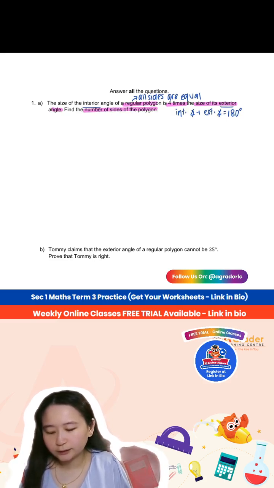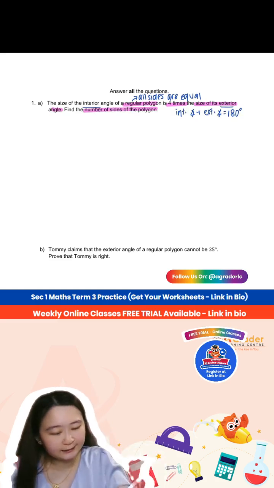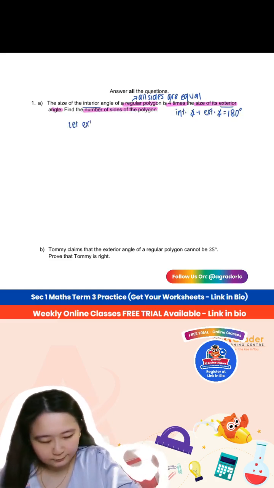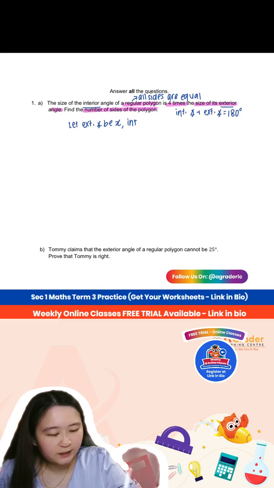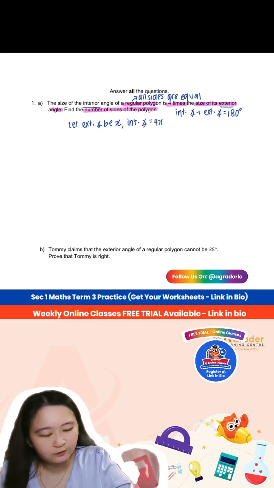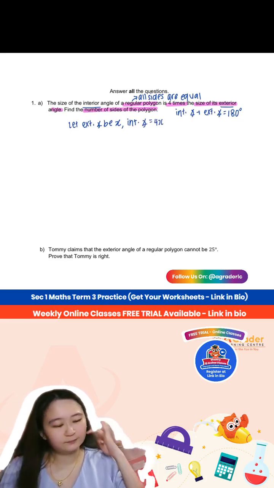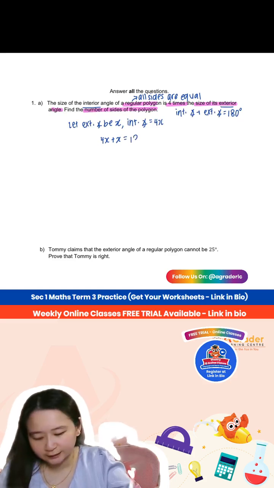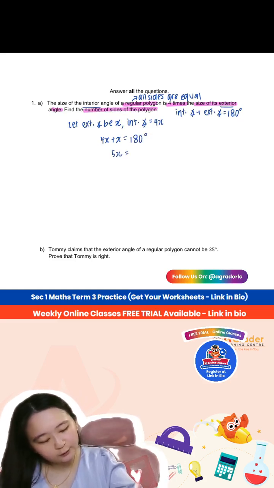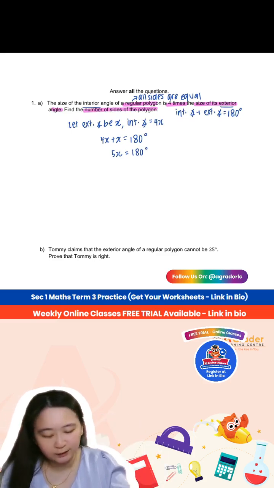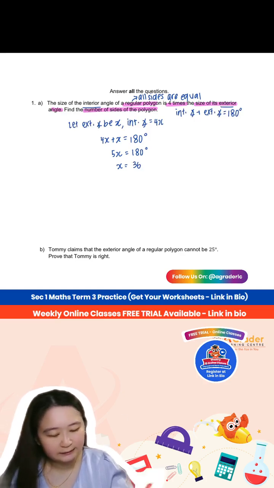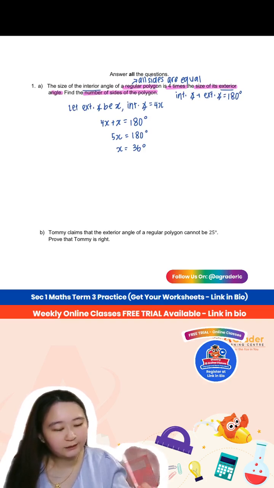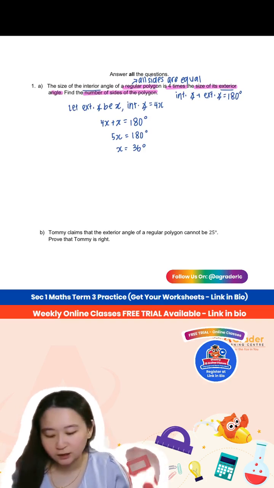Okay, so what we can do is we let the exterior angle be x. Means our interior angle will be equal to 4x. Since it's 4 times, 4x plus x will give us 180 degrees, meaning to say 5x is 180 degrees. So we divide by 5 on both sides, so x is 36. Okay, so this is the size of an exterior angle.